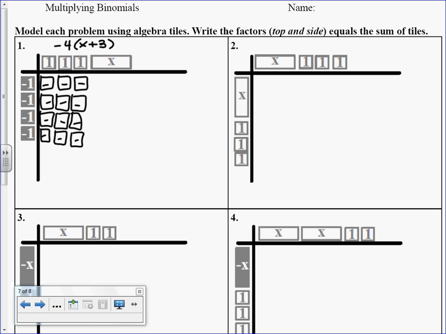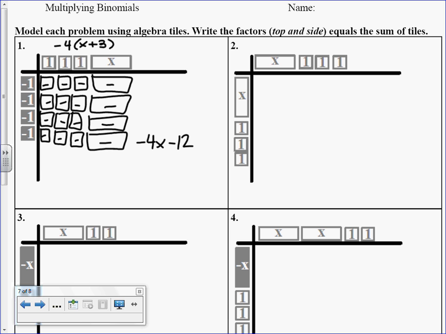And then all of these negative ones times this x, and all of these are negative because it's a negative times a positive. So when I end up with that, I end up with negative 4x minus 12.